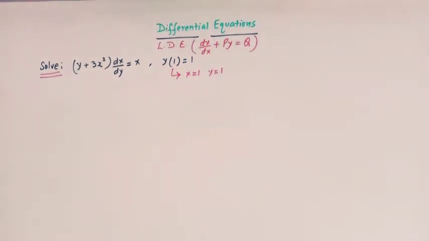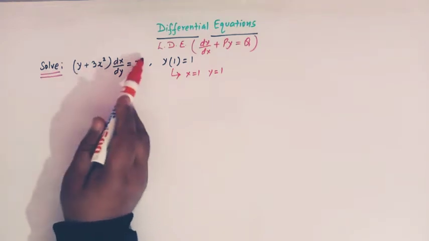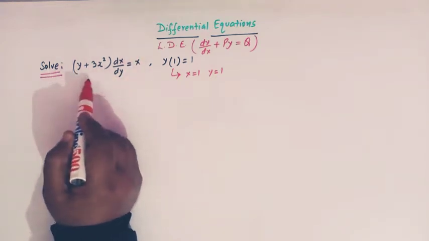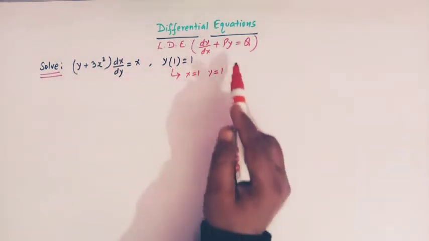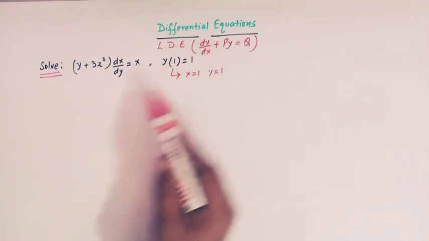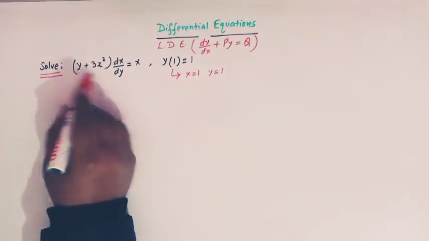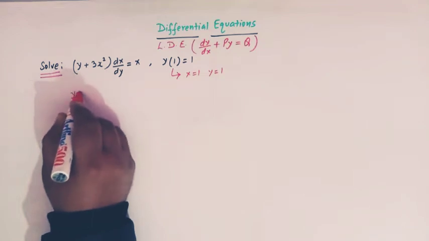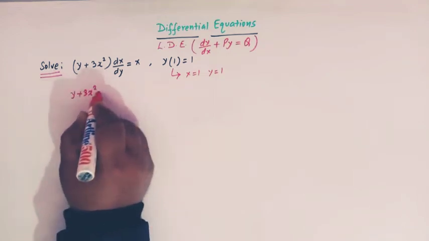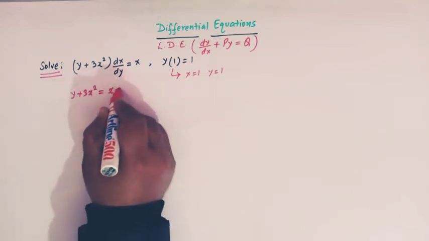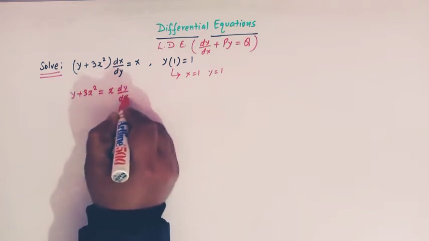So let us start. The given differential equation is to be converted into this form. We can rewrite this equation as y plus 3x square is equal to x dy over dx.